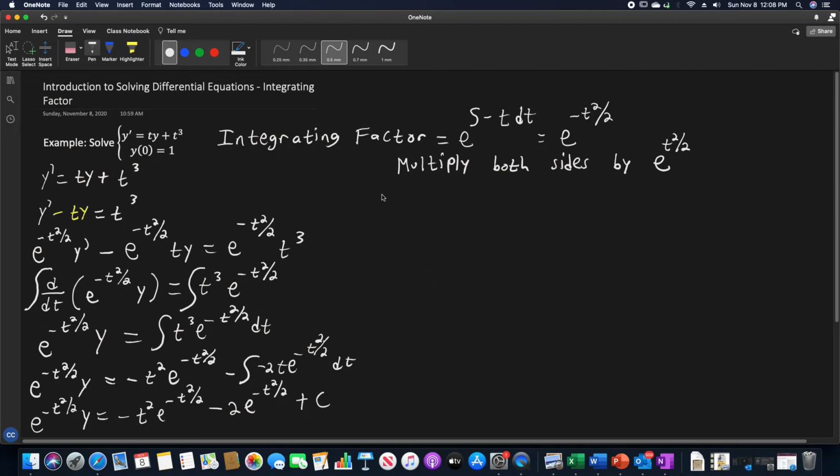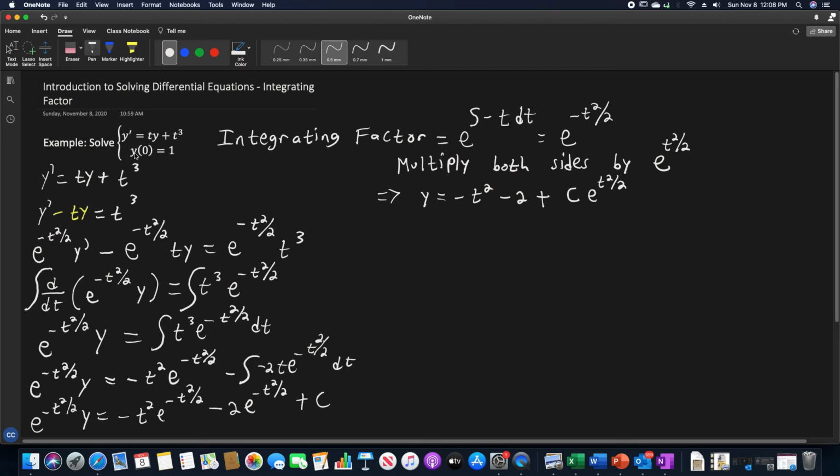Doing so is going to yield y equal to negative t squared minus 2 plus c times e to the t squared over 2 power. And that would be the general form of this differential equation.